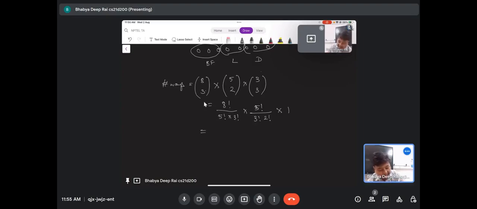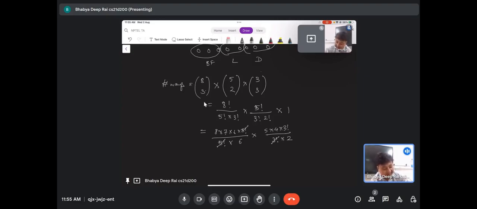Okay, good. So this becomes 8 times 7 times 6 times 5 factorial. You have 5 factorial here, and 3 factorial is nothing but 6 times 5 times 4 times 3 factorial, divided by 3 factorial times 2. I'll cancel out this 5 factorial with this 5 factorial.